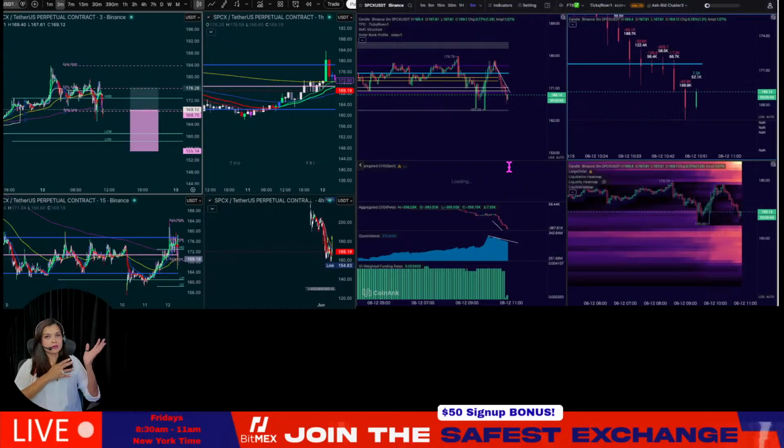The only reason why I was trading was because I already had a long opened, where I got in at 160 something, two or whatever. And so I just kept it open because it was doing what I wanted to do. I moved my stop loss and profit, and that was great. But let the dust settle. Even if you have a lot of money and a lot of risk on this, it's probably not a good idea to go all in at the very beginning.